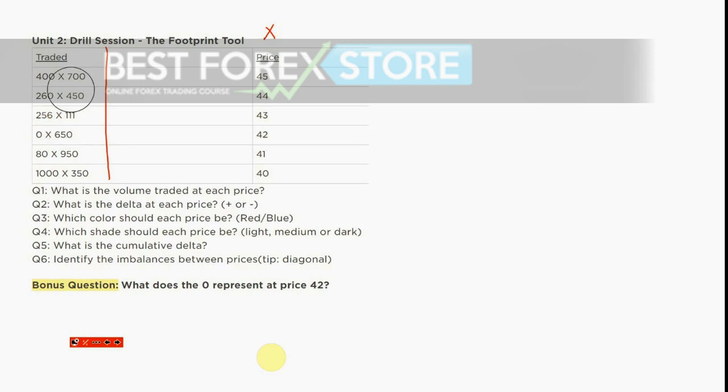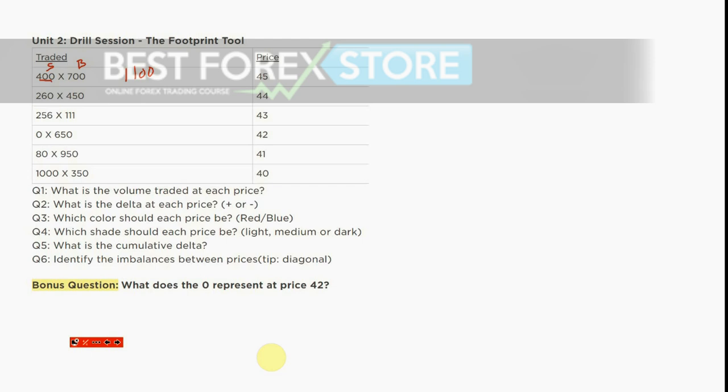Right guys, so back into it now. Let's move straight on to the answers. I hope you found that useful. The first thing is, what is the volume traded at each price? Very simply, as we spoke about, the total volume is simply what was sold at price 45 plus what was bought at price 45. We can see the sum total of volume is none other than 1,100 contracts.